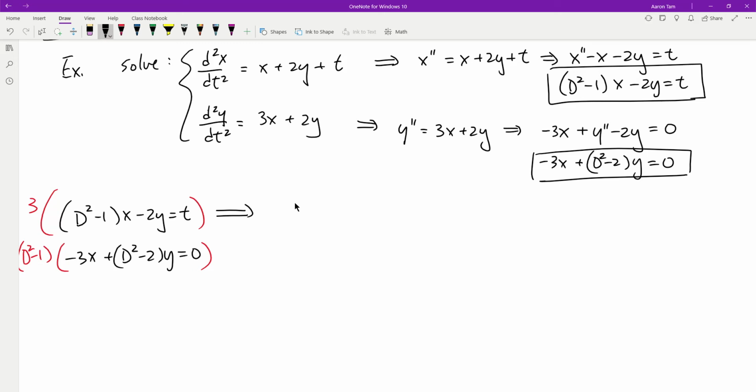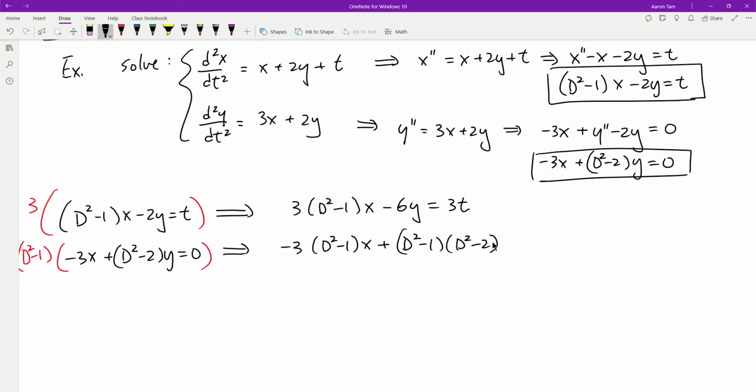The first equation becomes 3(d squared minus 1) of x minus 6y equal to 3t. The second equation becomes negative 3(d squared minus 1) of x plus (d squared minus 1)(d squared minus 2) of y equal to 0.